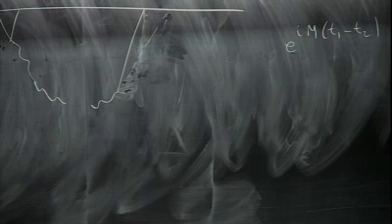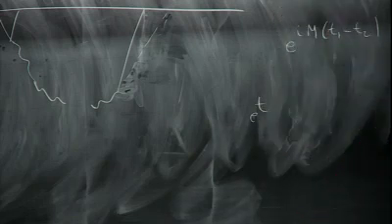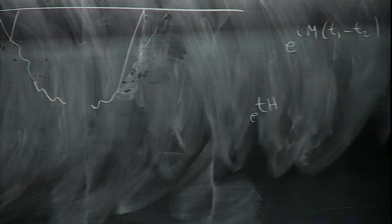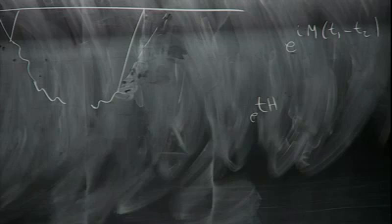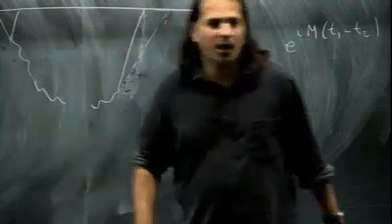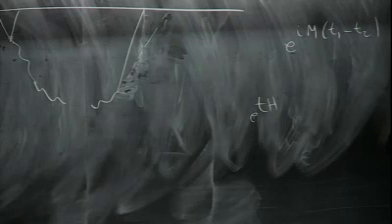Now, what is e to the t in inflation? e to the Ht is just the scale factor, right? And so what's going on here? These are going to correspond to things that happened at late times.